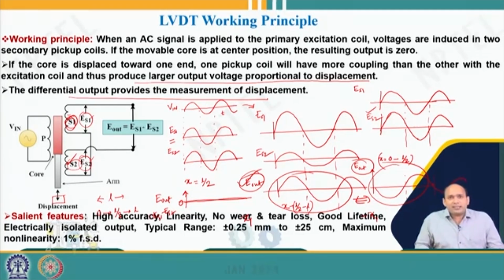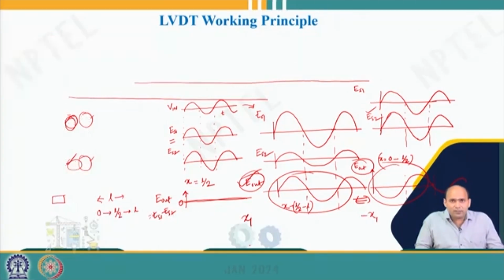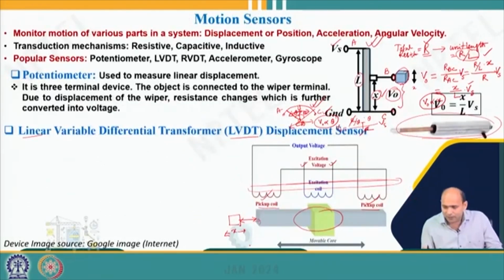Now what are the salient features of LVDT? It has very high accuracy, linearity is also very high, and no wear and tear loss. This is another important point. You remember when we discussed the potentiometer a few minutes back, we said that the wiper slides across the length of the potentiometer, depending on the object movement.